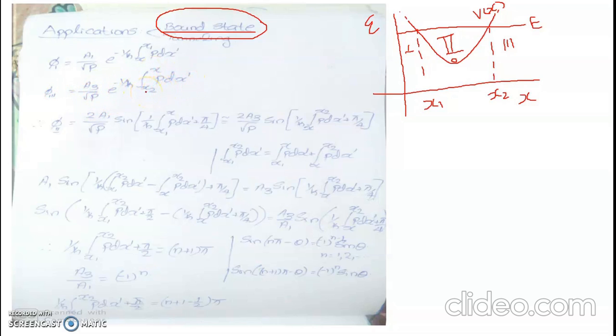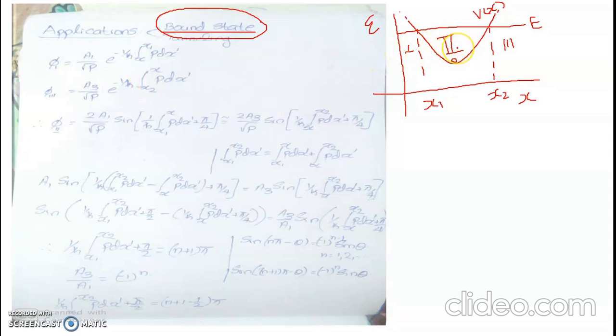If you forcefully take this integration from x to x2, this turns out to be an increasing exponential wave function. That's an error that you might encounter if you do not take care of this limit of integration. So both these wave functions are decreasing exponential wave functions, and I have made the point clear that in region 1 and 3 the wave function needs to be a decreasing exponential.